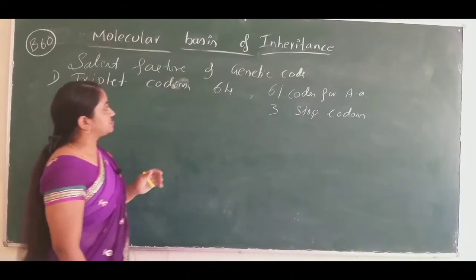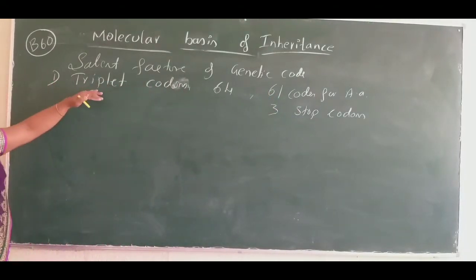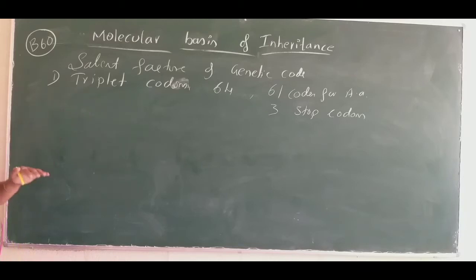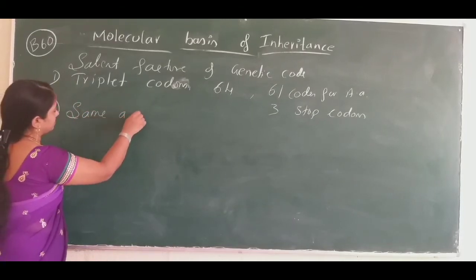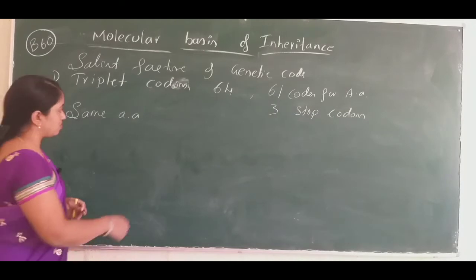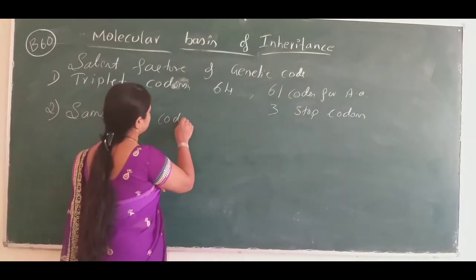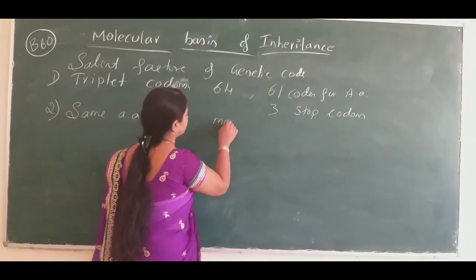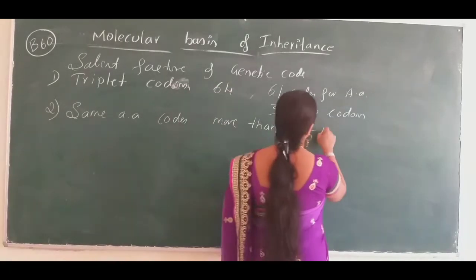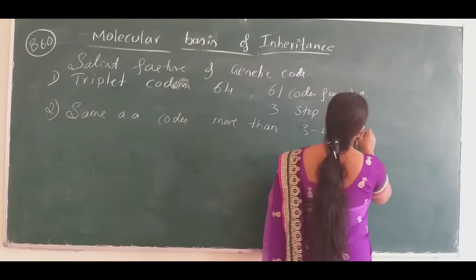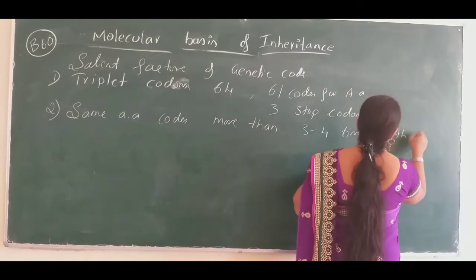Now the next salient feature, so that was the first salient feature of genetic code. The next is that the same amino acid is coded by more than one genetic code, 3 to 4 times.